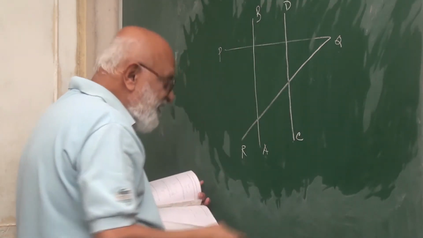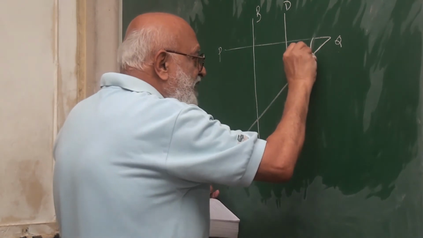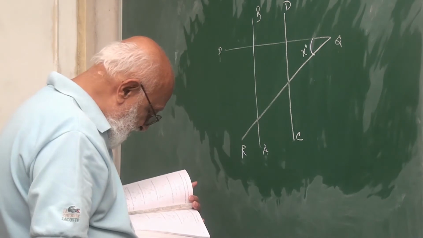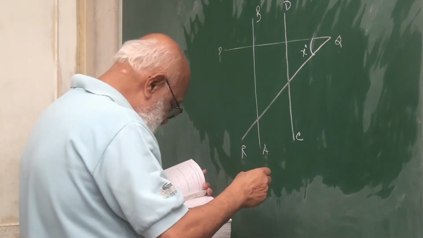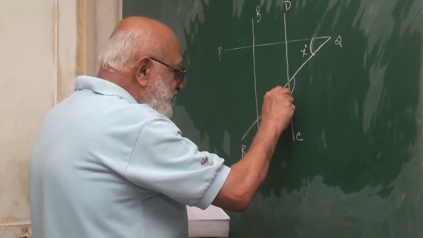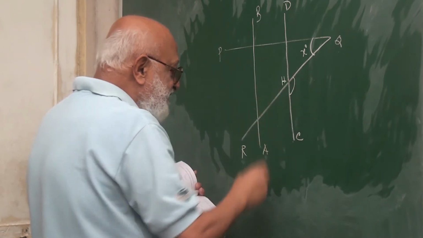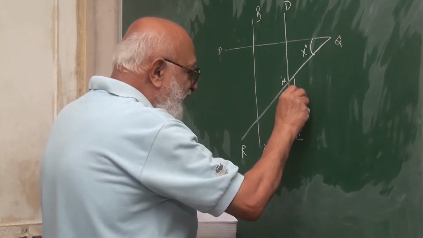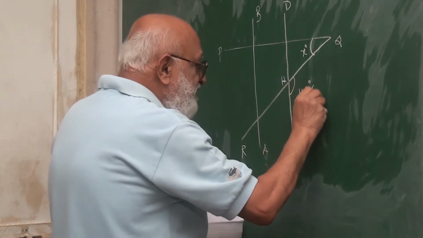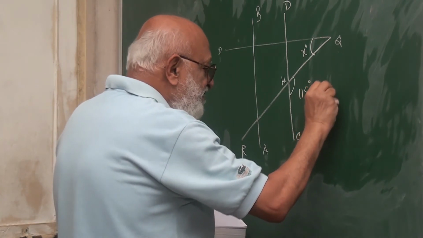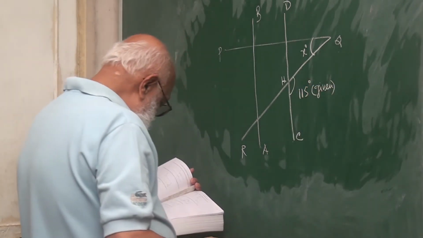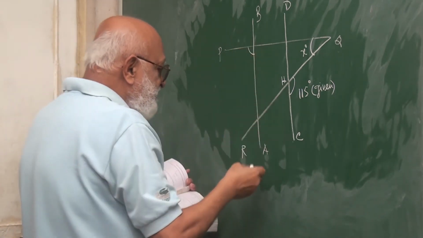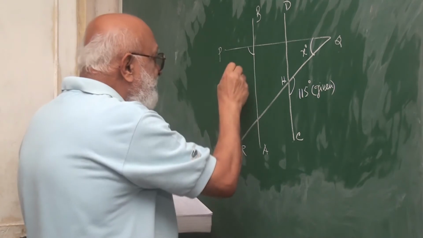Okay, this angle is required, X degrees, you have to find out. So this is what you have to find out. This angle, this is say H, intersect at H, and this angle is 115 given. This is given. Okay, and this angle is given. This angle is 85 degrees.